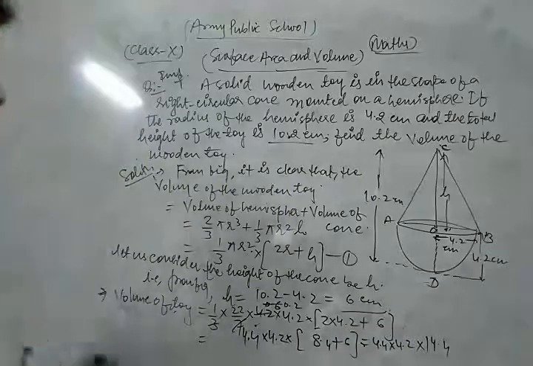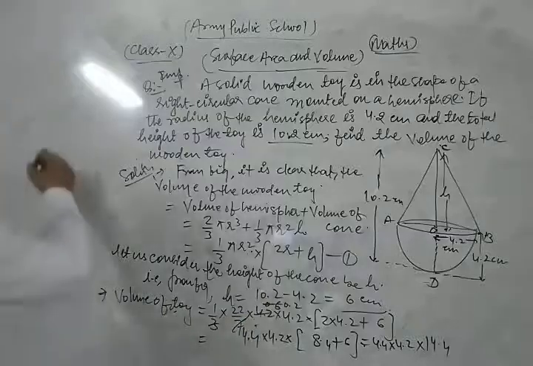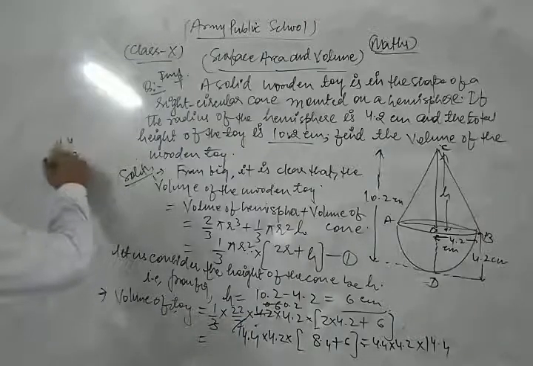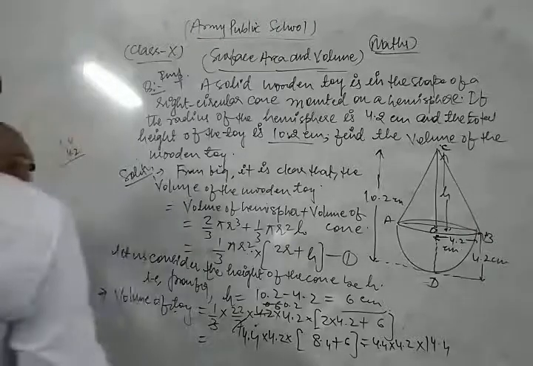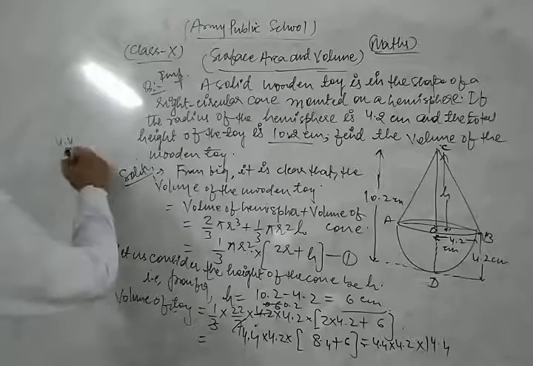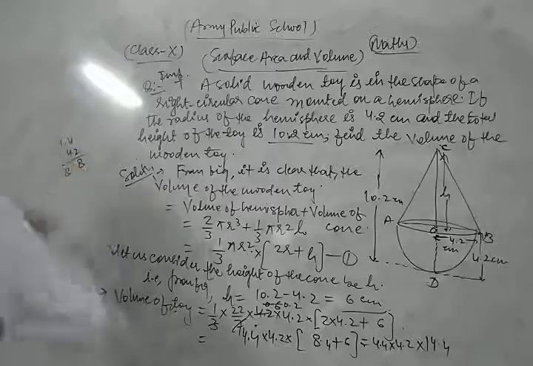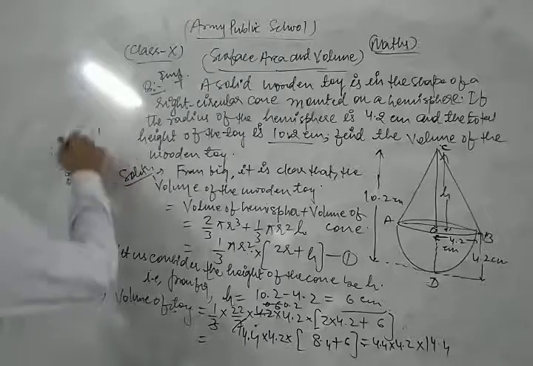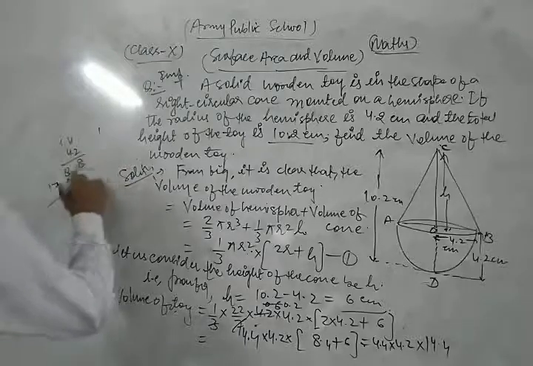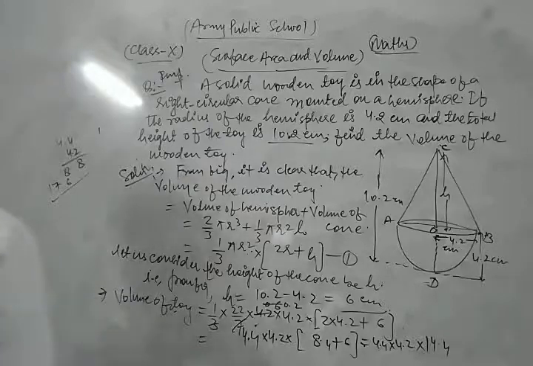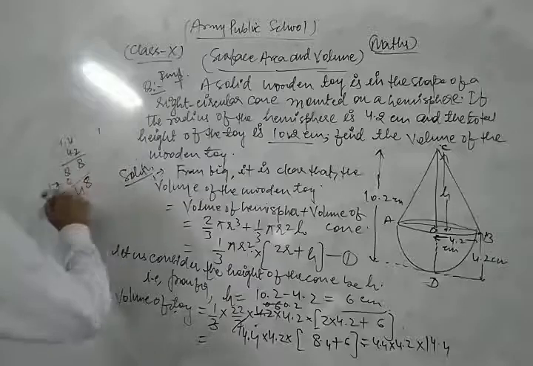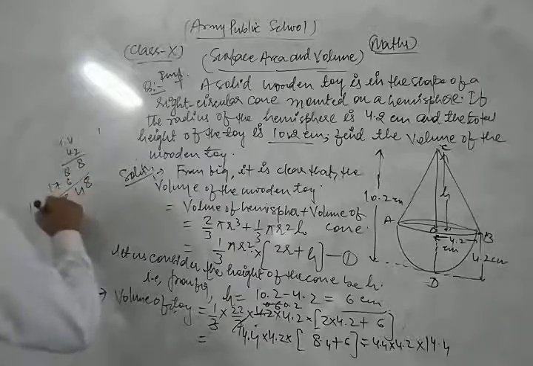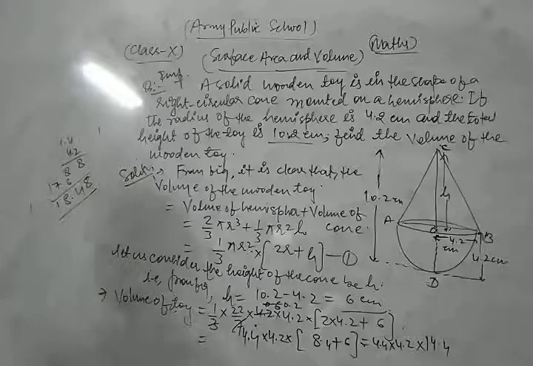Let's see, dear friends. So now we multiply 4.4 into 4.2. So we get what? 2 4 is 8, 2 4 is 8. 18.48.